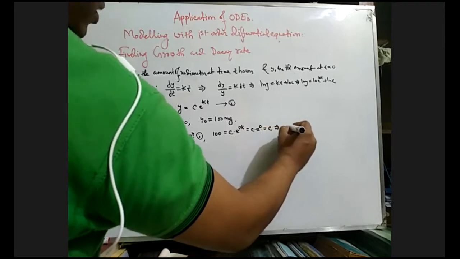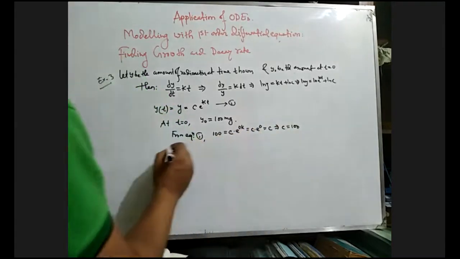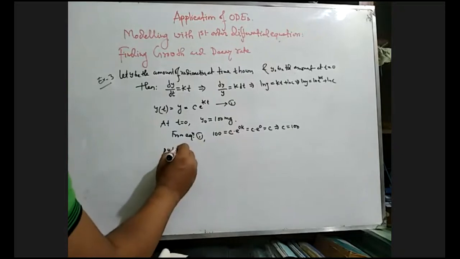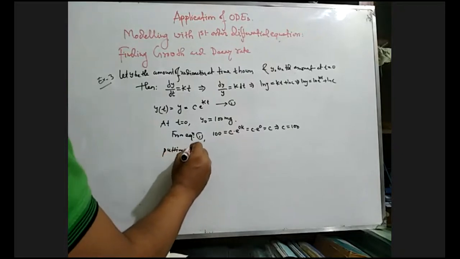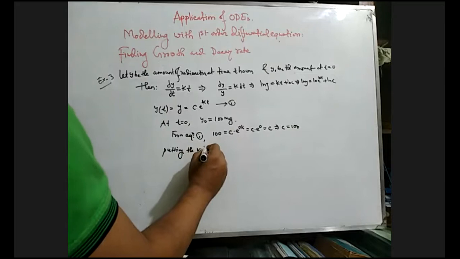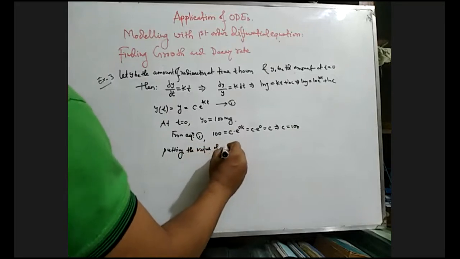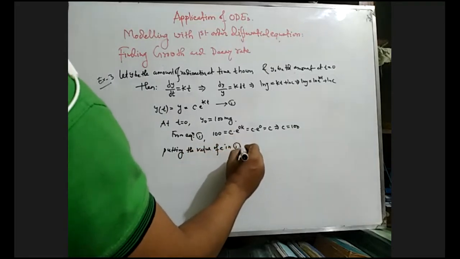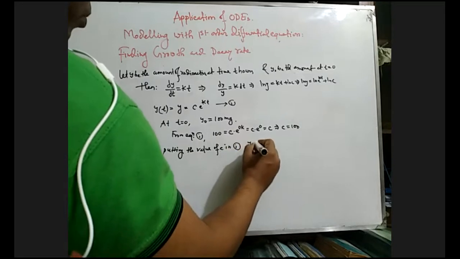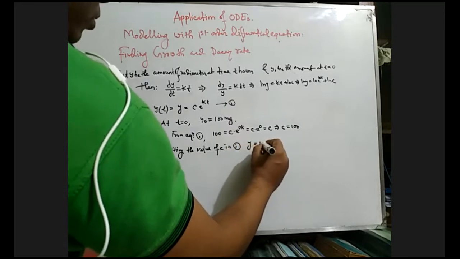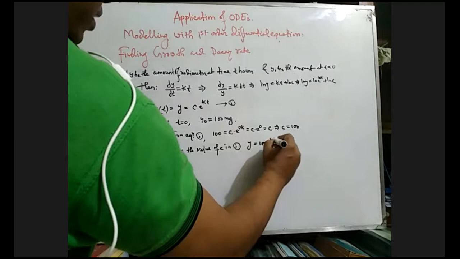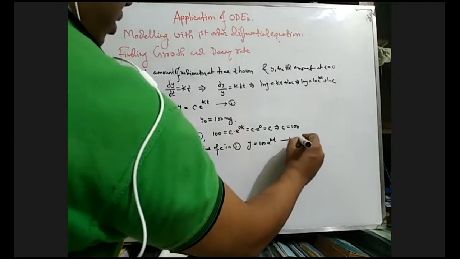Therefore c equals what? 100. Putting the value of c in equation 1, that means y equals 100 e to the power kt. This is equation number 2.